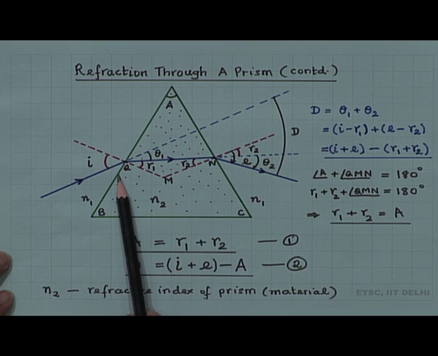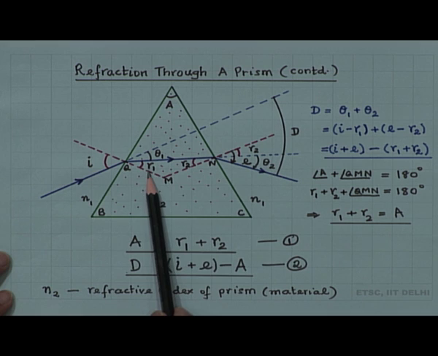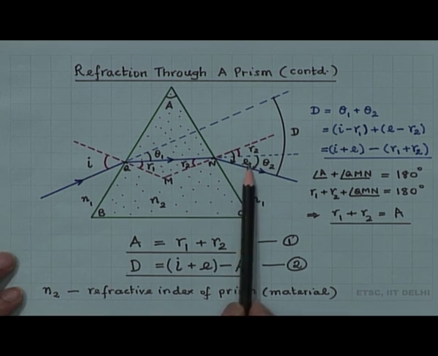Therefore, R1 must be equal to R2 if I is equal to E.